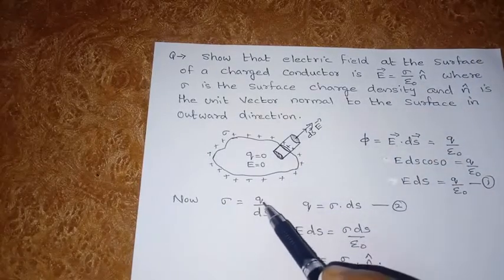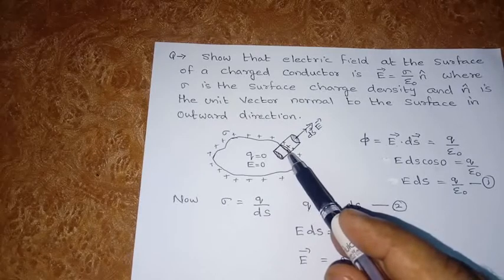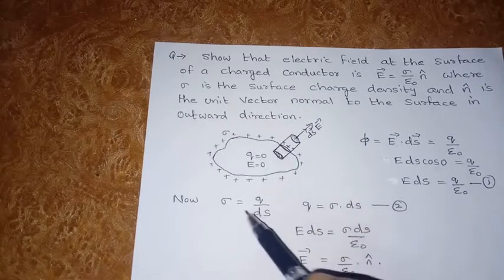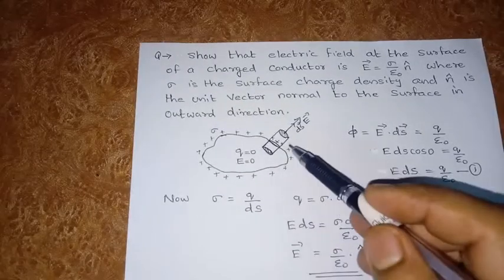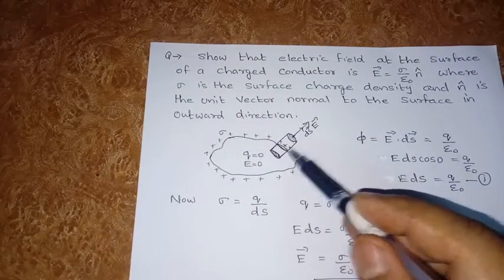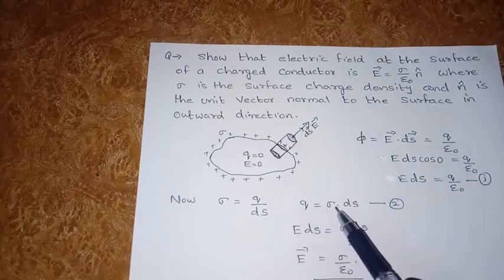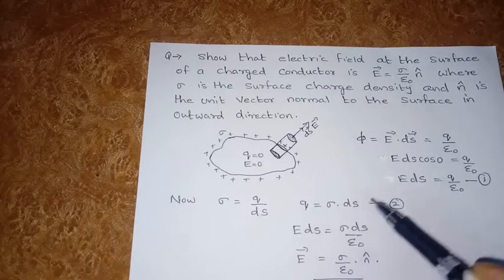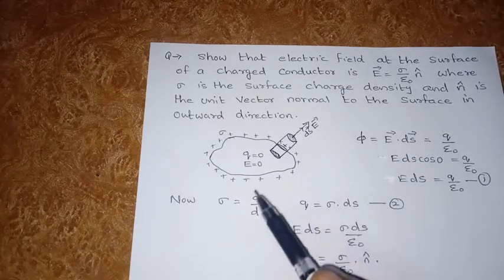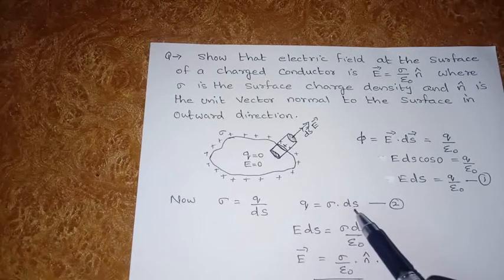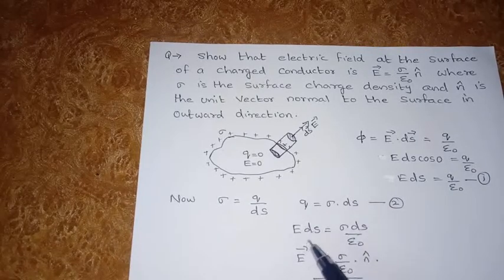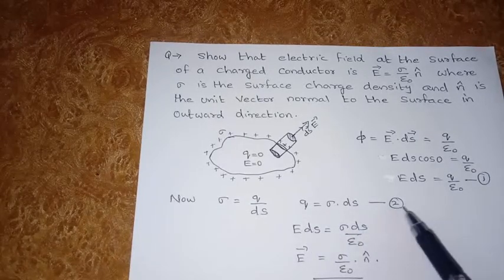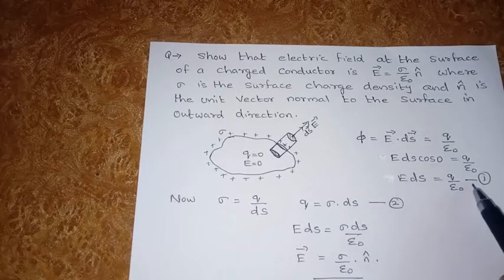Let Q be the charge inside that Gaussian surface, then sigma is equal to Q by ds. Therefore the charge enclosed by the Gaussian surface must be equal to sigma times ds, where sigma is the surface charge density and ds is the base area of the Gaussian pillbox. Put this as equation number 2, and let us substitute 2 in 1.